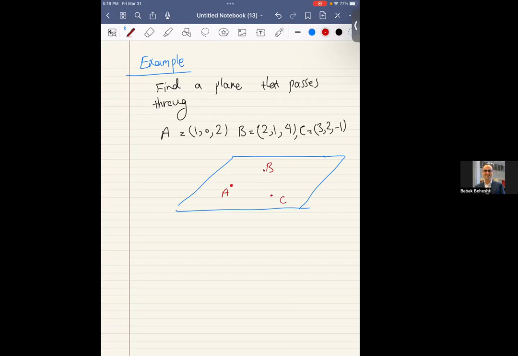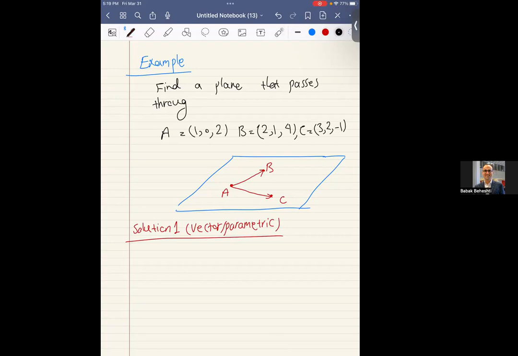So as I said, there are 2 ways to do this. If you want to write the vector equation, so first, solution 1: vector or parametric equation. The direction vectors are AB and AC.